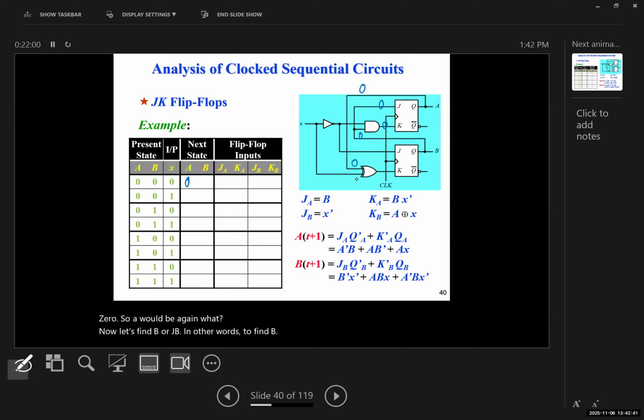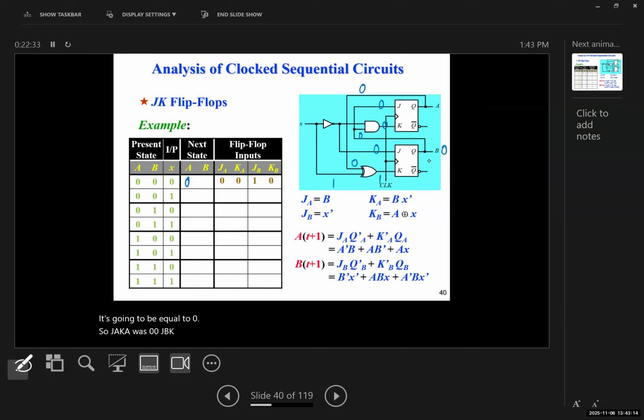Now let's find B, or JB in other words. So if A is 0, this is 0, X is what? 1. 1, 0 gives us what on an XOR? Gives us 1. And what is J? J is directly connected, so it's going to be 0, 1. When J is 0 and K is 1, would it be reset or set? Reset. And B is what when it's reset? It's going to be equal to 0. So JAKA was 0, 0. JBKB was 1, 0.